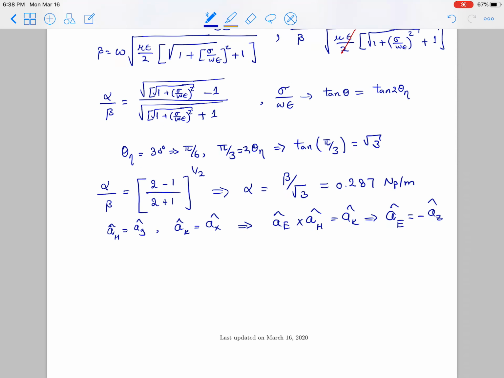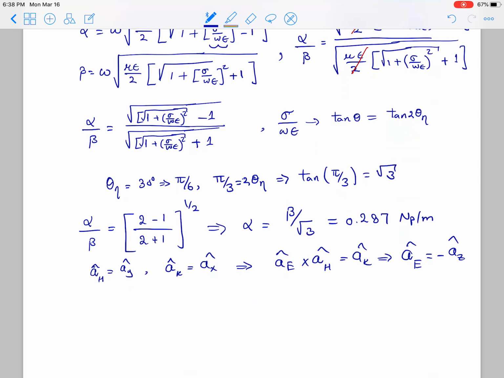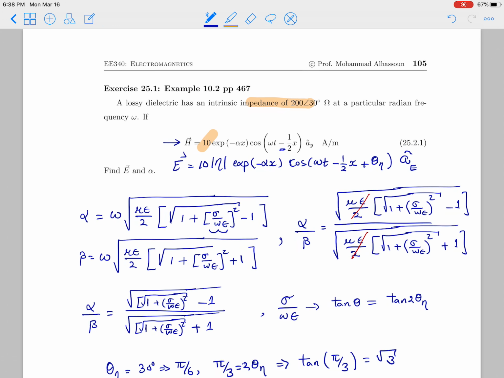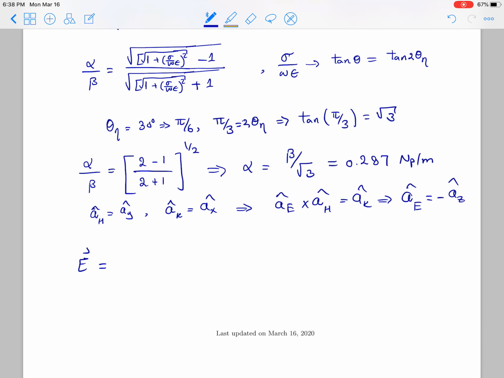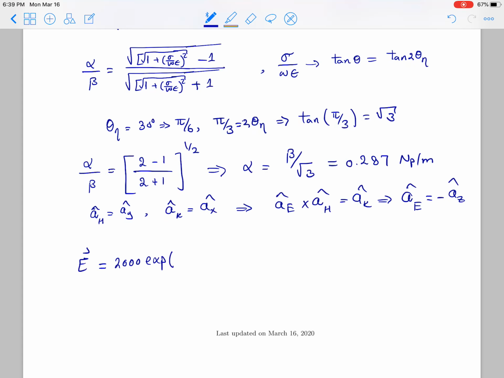Now we have all the pieces to write the final form of the electric field. The electric field will be the following. 200 times 10, which means 2000, exponential of negative 0.287x, cosine of omega t.